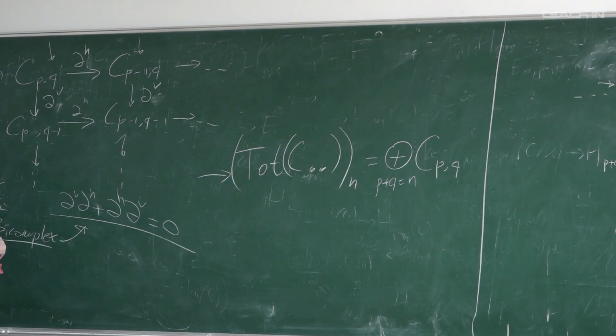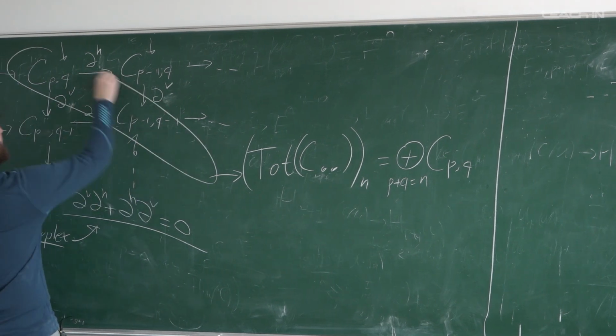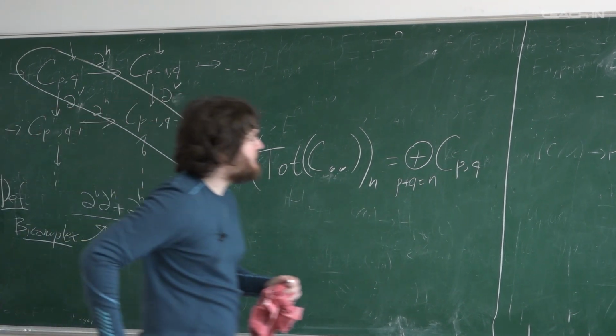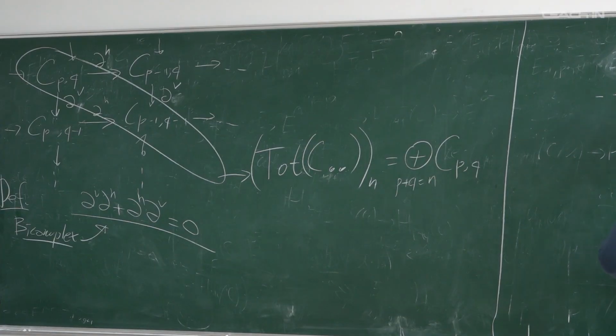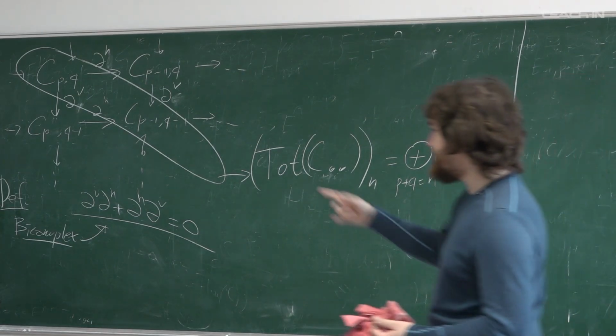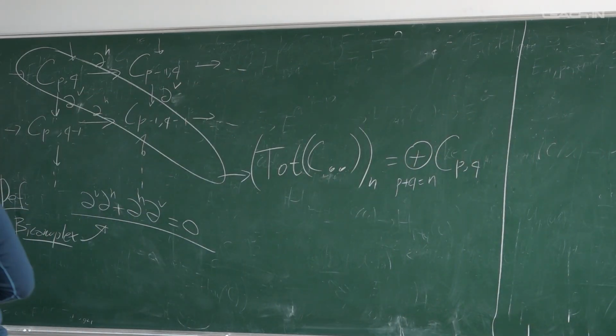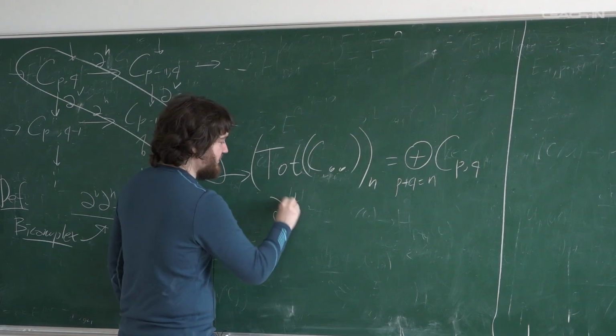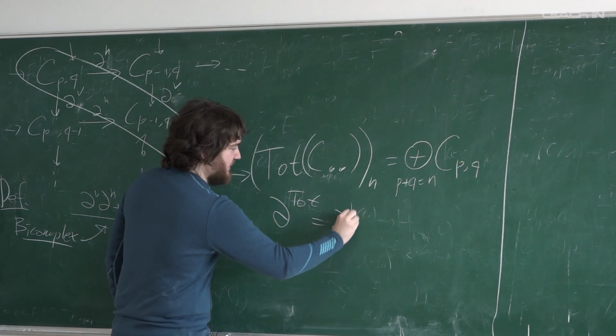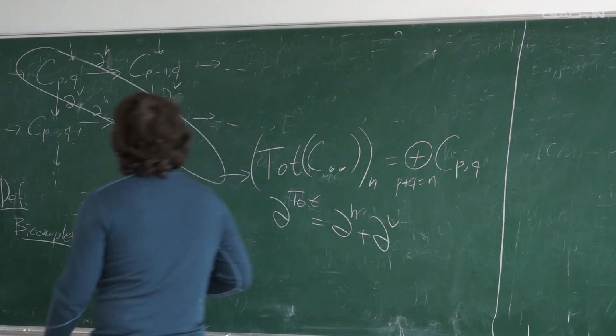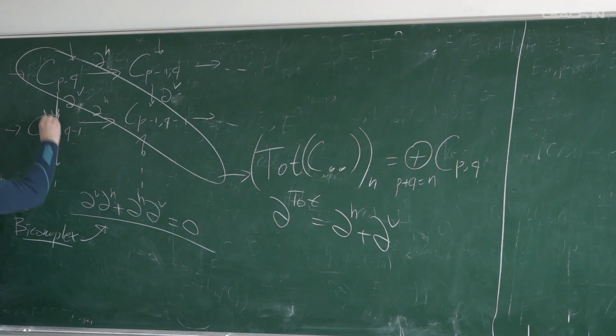It's the sum of diagonals, the sum over one diagonal. And the differential is the sum of two differentials, because these two differentials from this diagonal go exactly to another diagonal, I guess.